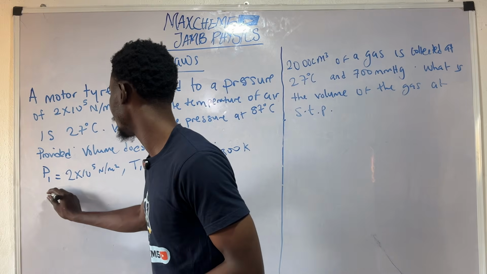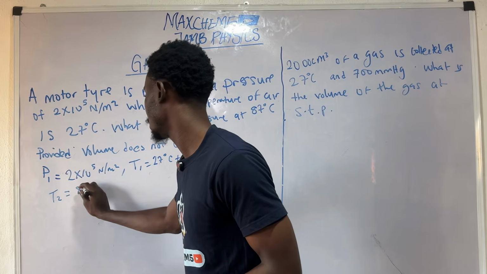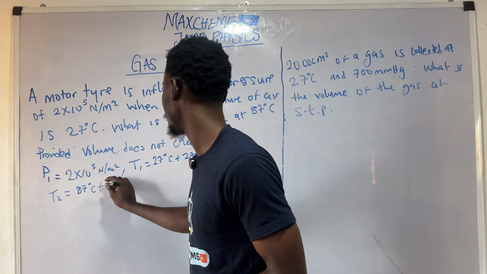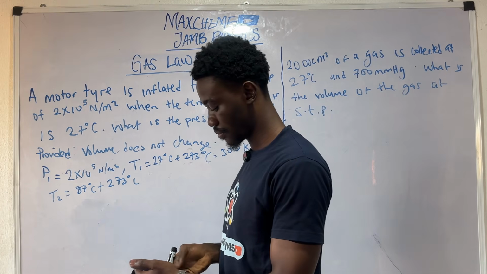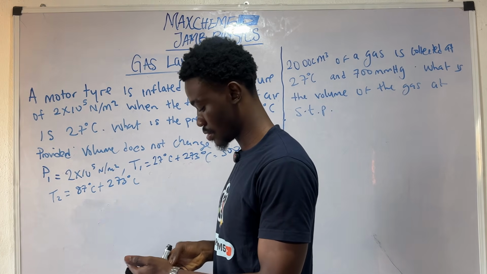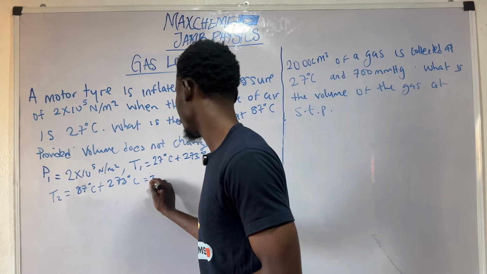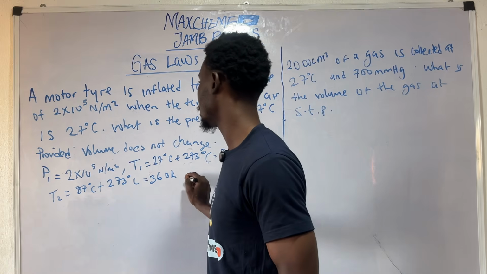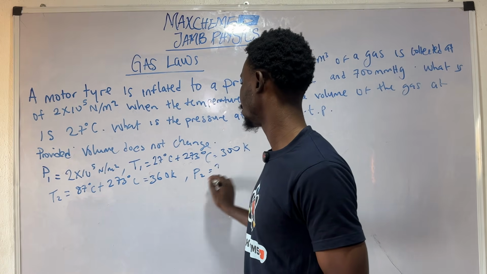And our second temperature is 87 degrees Celsius. Adding 273, we have 360 Kelvin. And we are asked to find P2.